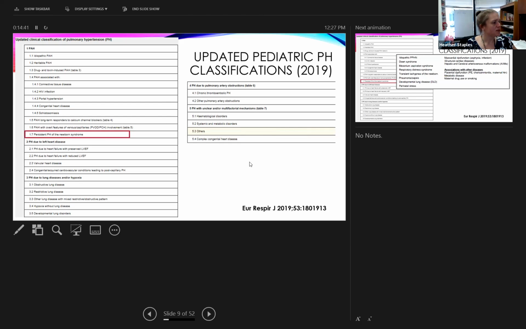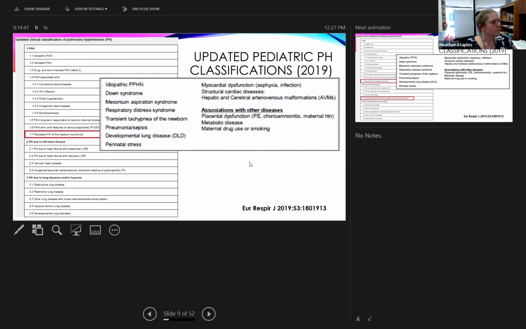So a lot of times we'll see this diagnosis here under group 1, persistent pulmonary hypertension of the newborn. And so there are a lot of different things that can lead to this. Down syndrome is an increased risk for pulmonary hypertension, which is a comorbidity in our patient up in the PICU, meconium aspiration, and so forth.